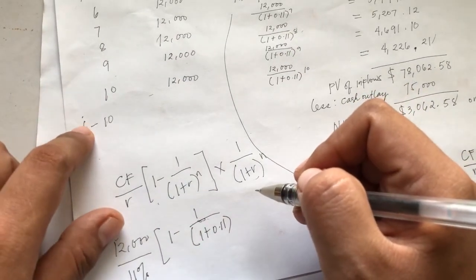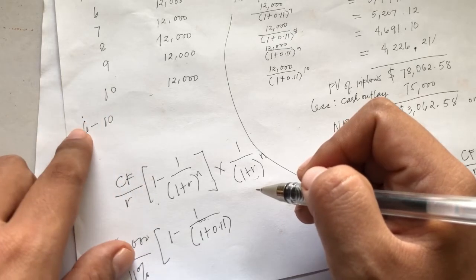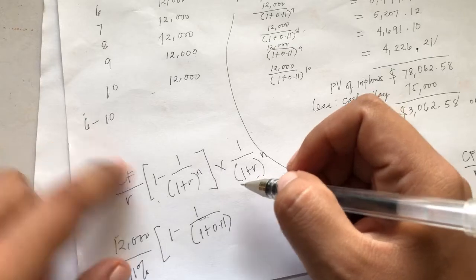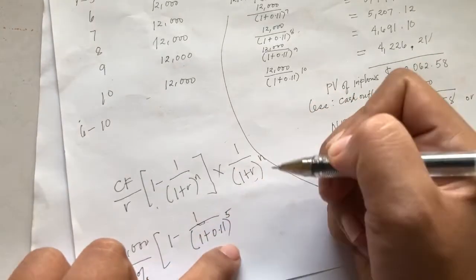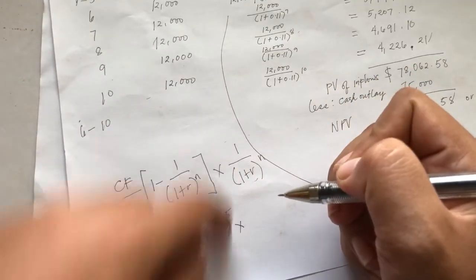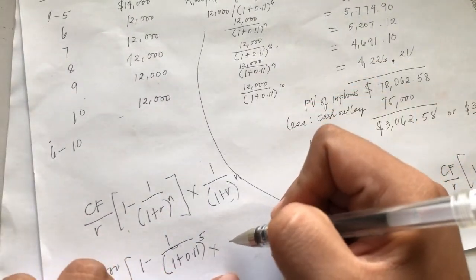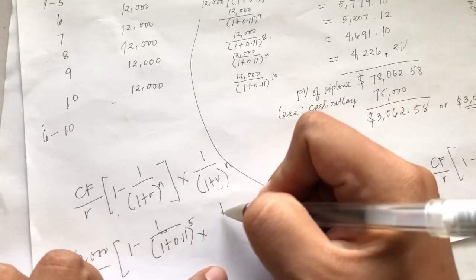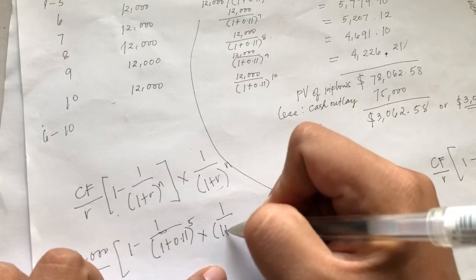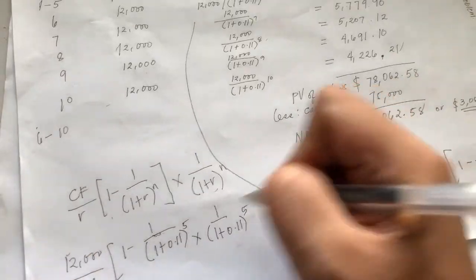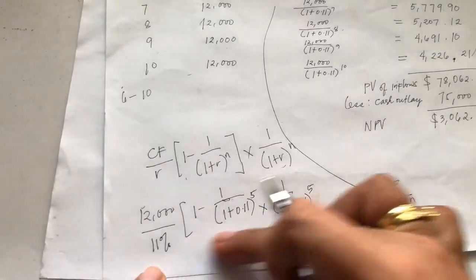Magka-count kayo from 6 to 10. So, that means meron pang remaining 5 years sa ating computation. So, ilalagay nito is 5 years. Times yung kanina, di ba? Nasolve na natin yung 5 years dito. So, 1 divided by 1 plus 0.11 raised to 5. So, ito na yung short method nyo.